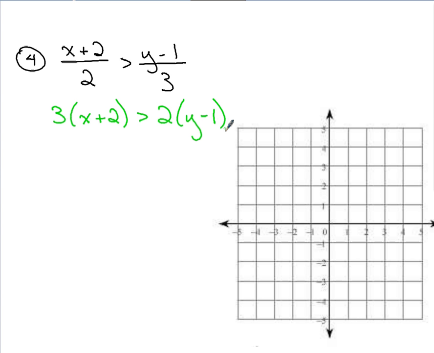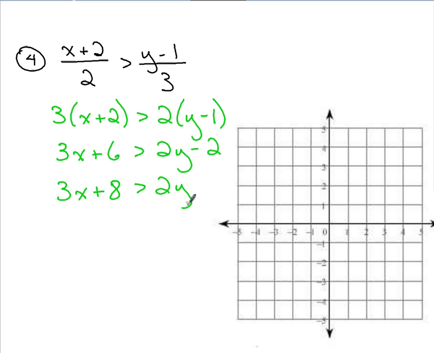If I solve for y, I could do some distributing. Got 3x plus 6 greater than 2y minus 2. Add that 2 over. If I add that 2 over, I got plus 8 here. And then divide everything by 2.